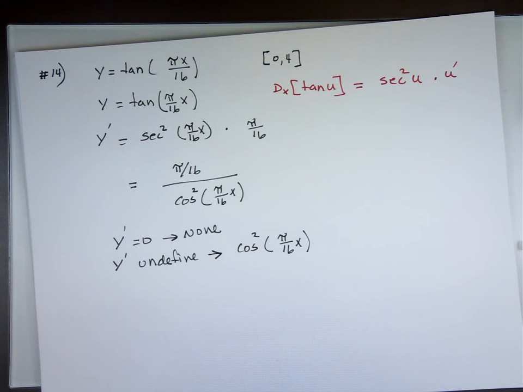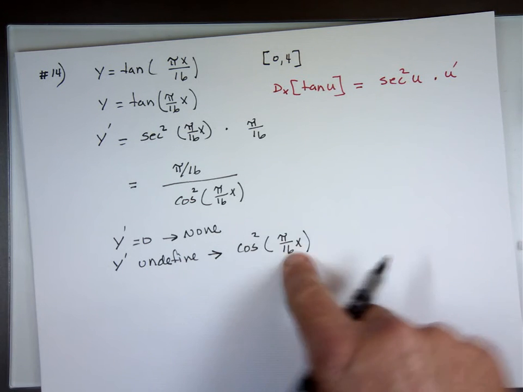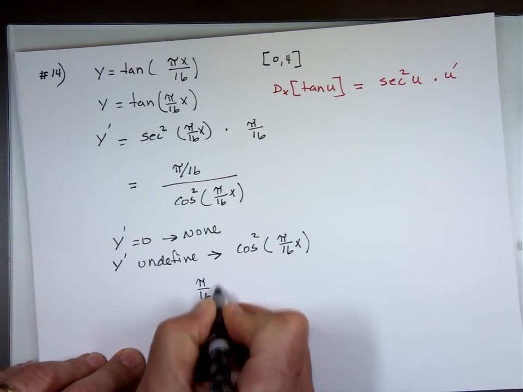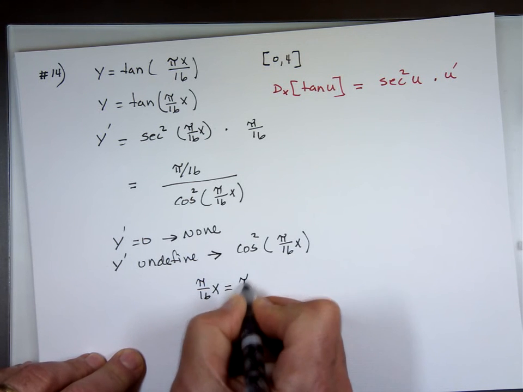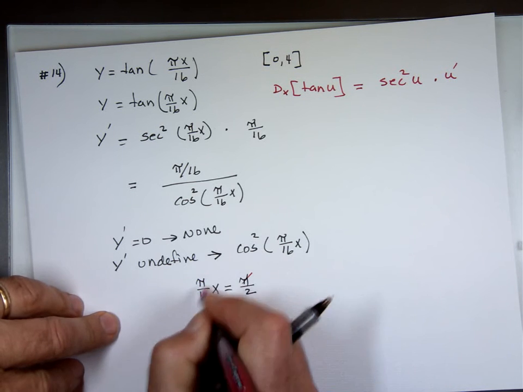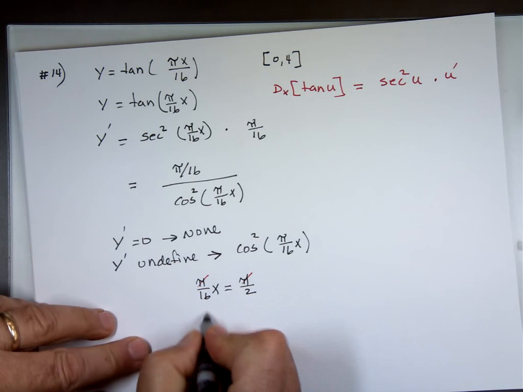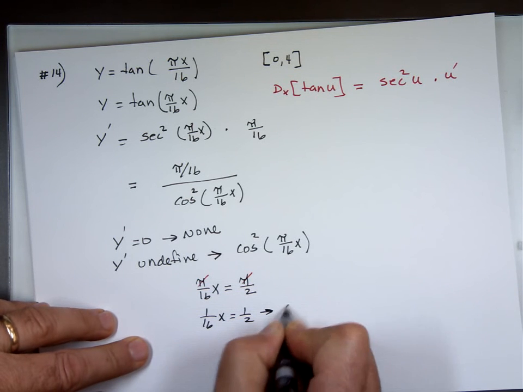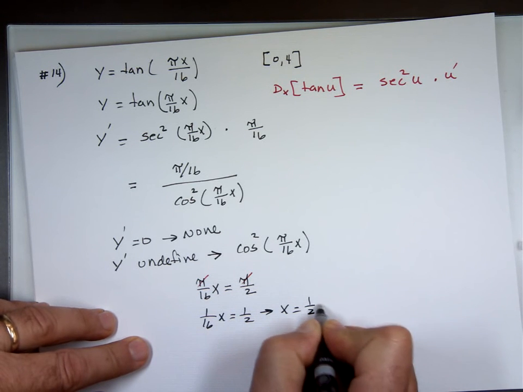So that means I want this one to equal pi over 2. I want the argument to equal pi over 2. So I can drop the pi's out of both of these. 1/16 x equals 1/2, which means x equals 1/2 divided by 1/16.